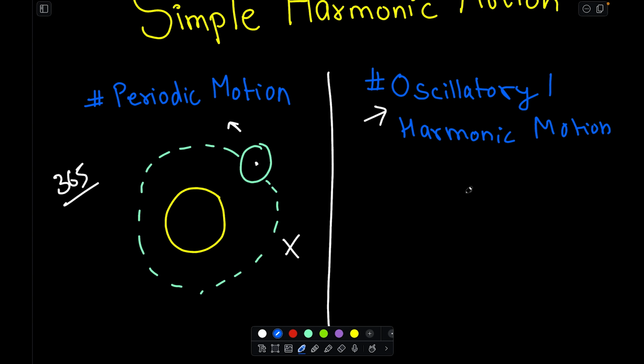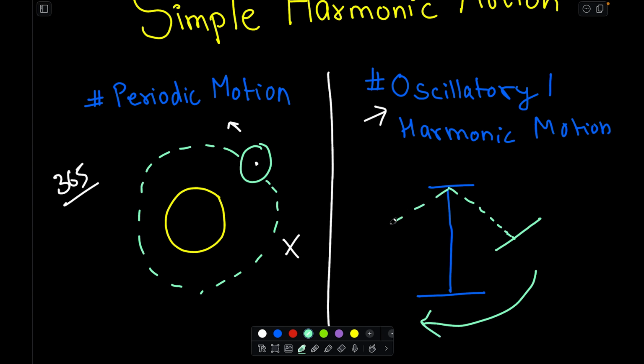So if we take an example of an oscillatory motion, then you can very well take this swing, for example. So this is a swing right here. Now as you pull the swing up till here, right, and you let it go, then you'll find that the swing just keeps on moving from here up till maybe here, and from here to again here, right?